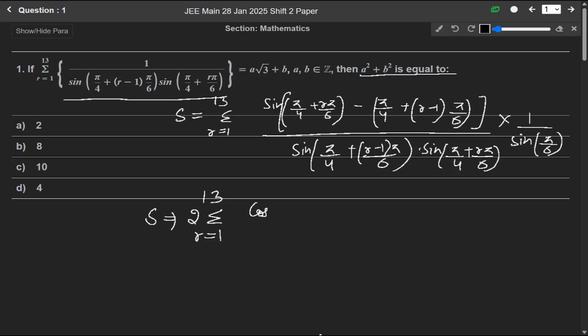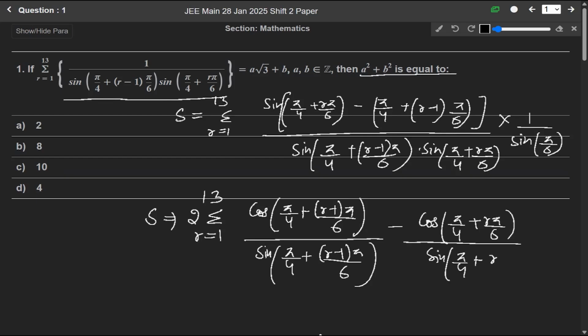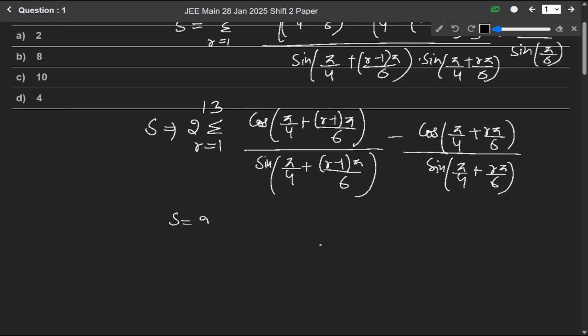So from here, S will be equal to 2 times the sum over r equals 1 to 13. This can be written as cos(pi/4 + (r-1)pi/6) in the first term, and in the denominator sine(pi/4 + (r-1)pi/6) minus cos(pi/4 + r pi/6) over sine(pi/4 + r pi/6).